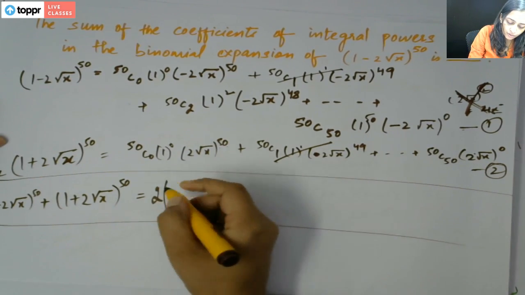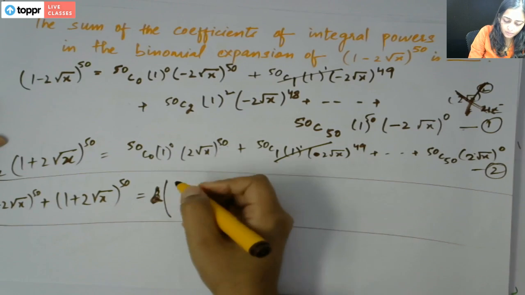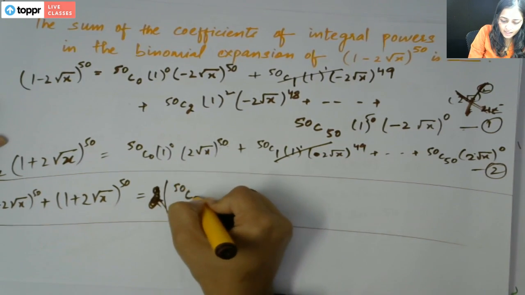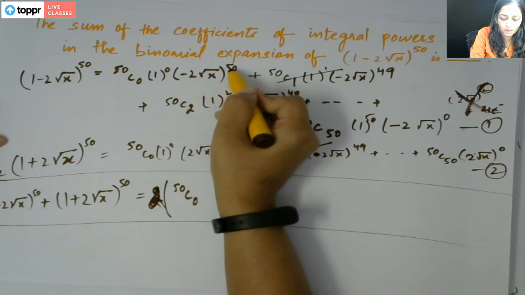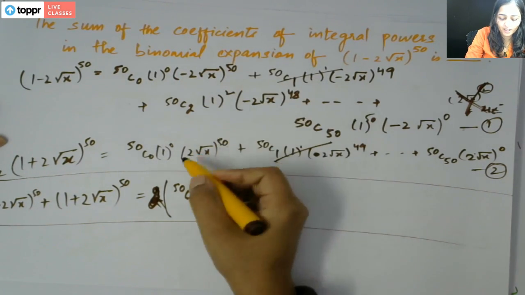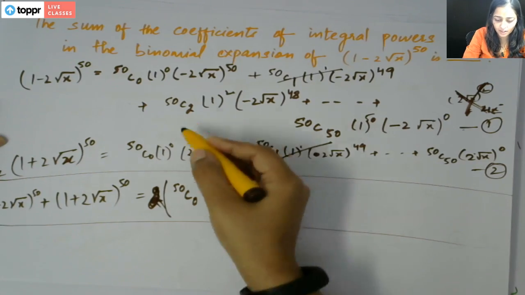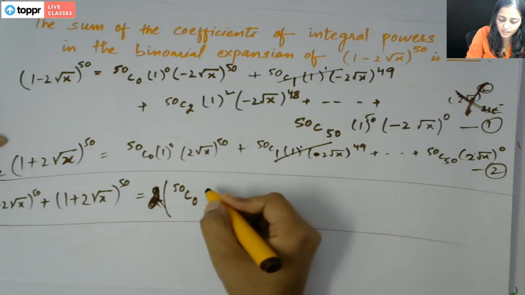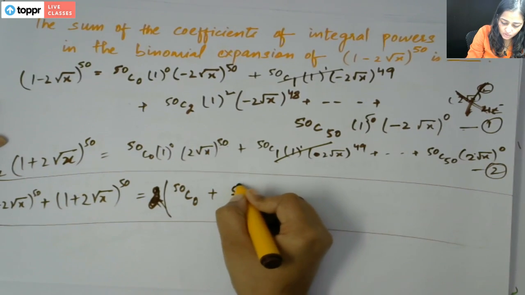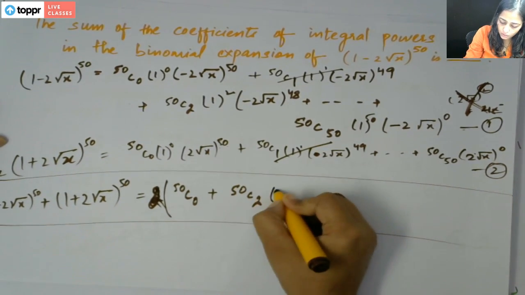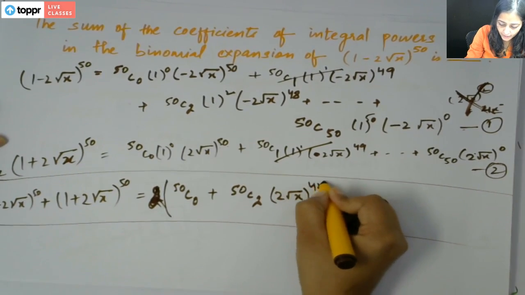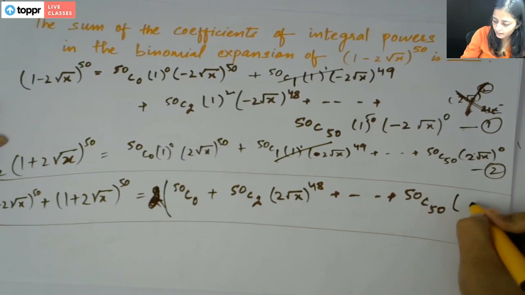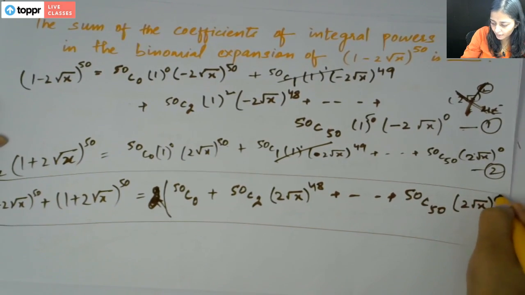So twice of 50C0, because this minus sign will become positive because minus 1 raised to power 50, and here there is no negative sign. So these terms are basically same, and we can write twice of 50C0 plus 50C2, 2 under root x raised to power 48, 50C50, 2 under root x raised to the power 0.